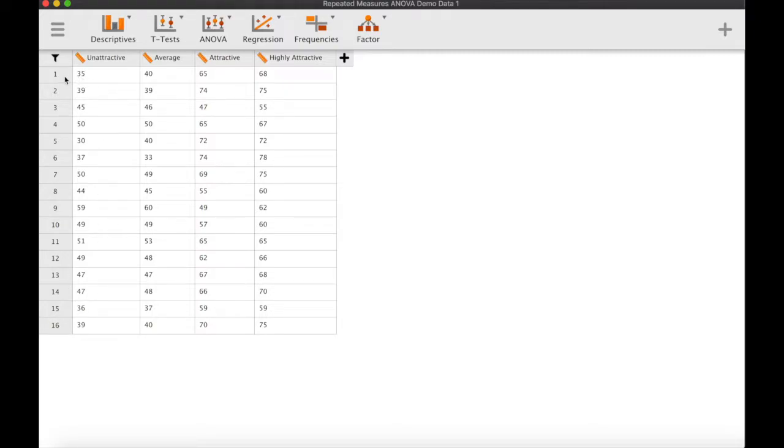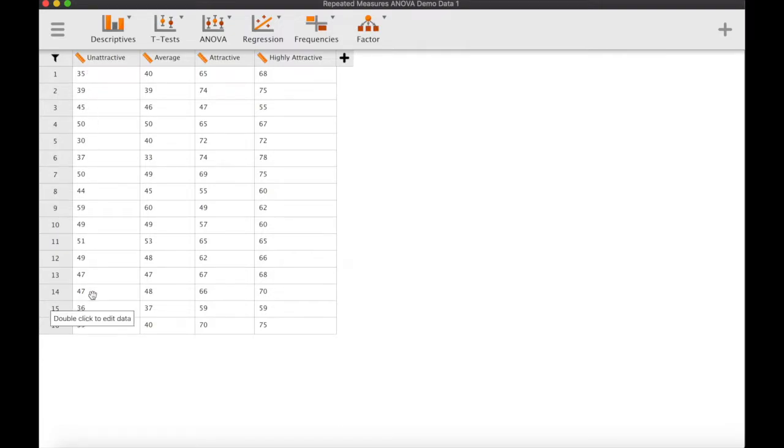For example, participant 1 was shown the unattractive photograph. The rating for social desirability is 35 for the average attractive photograph, 40, attractive, 65, and highly attractive, a rating of 68. So all of these scores are ratings coming from one individual, and all of the 16 participants rated each of the photographs, and hence every case has 4 ratings, and thus repeated measures.